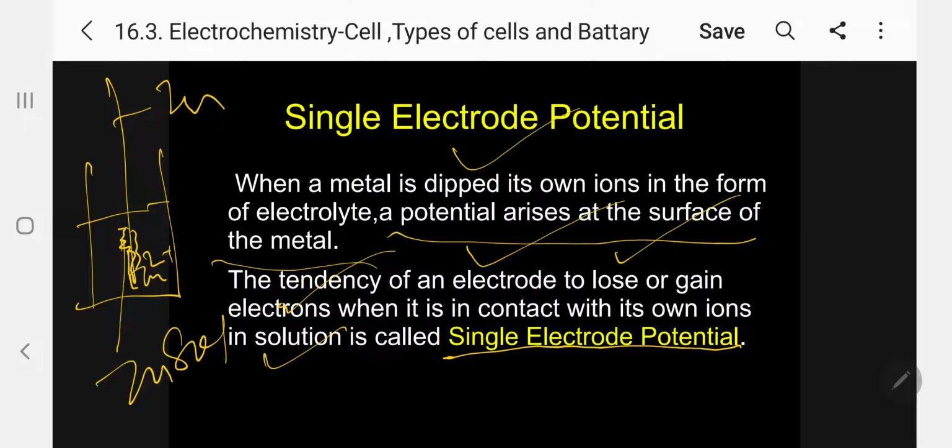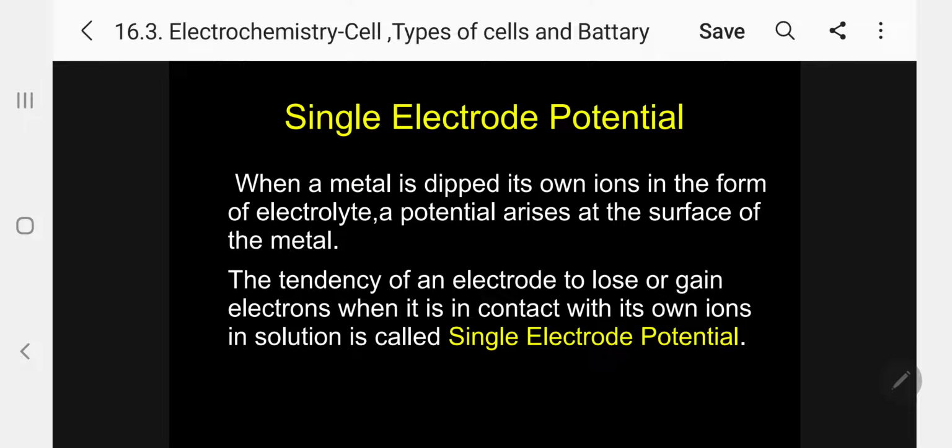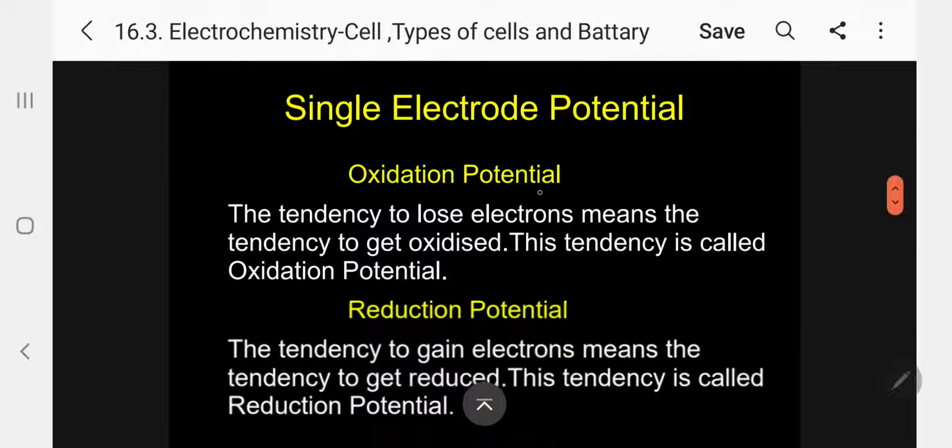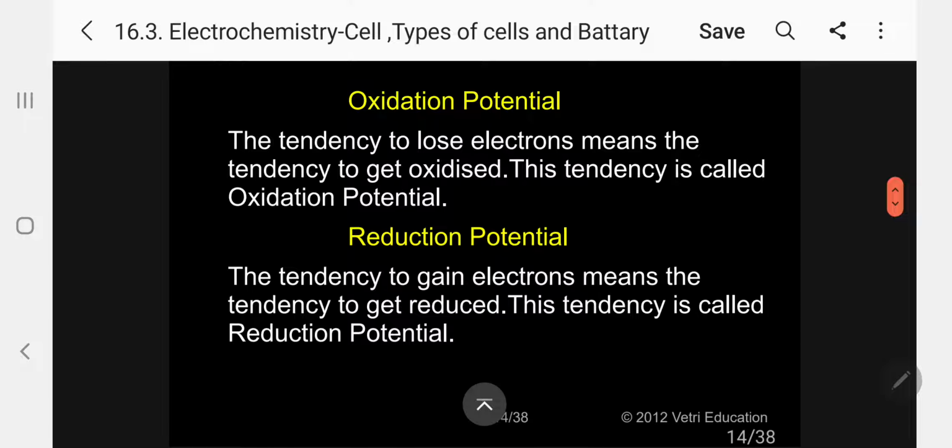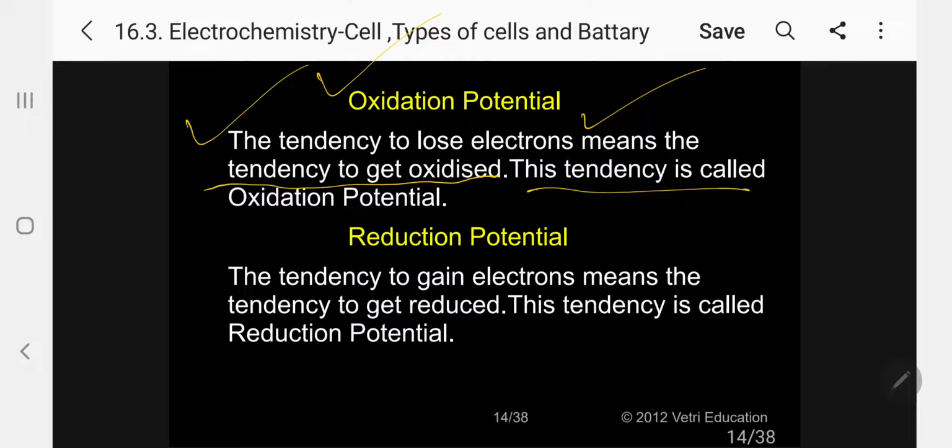In this case, zinc is losing electrons, that is an oxidation electrode potential. In the case of copper, it is a reduction potential. So I have two types. Let me discuss now oxidation potential and reduction potential. The tendency to lose electrons, meaning the tendency to get oxidized, is called oxidation potential.